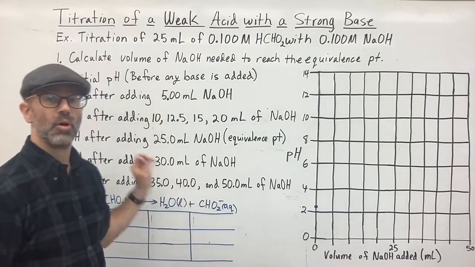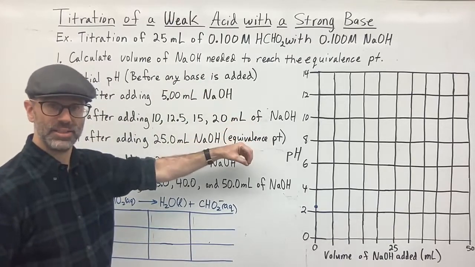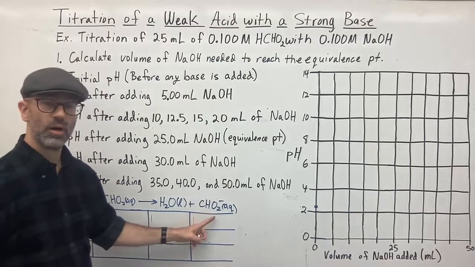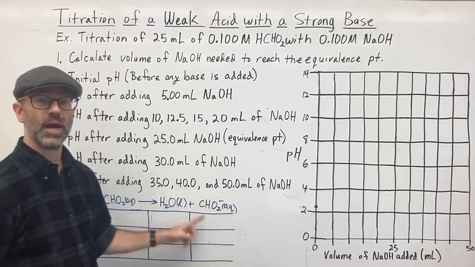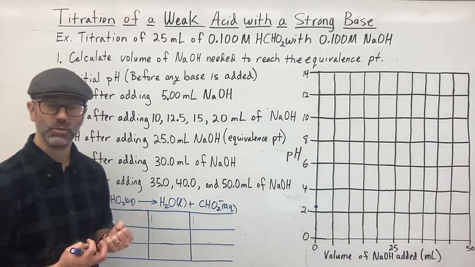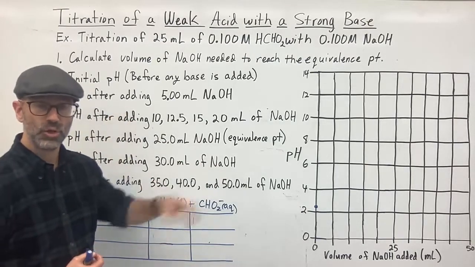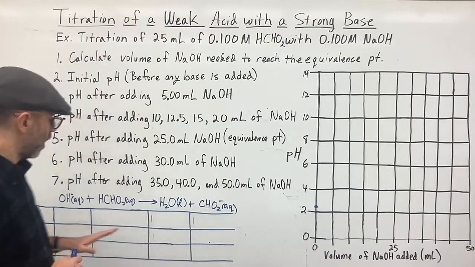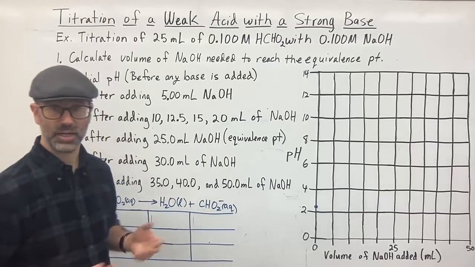But once we start adding the base to the acid, we are producing more of the conjugate base. And so now we're going to have some conjugate base in with the weak acid, and that's a buffer situation. So once you start adding base to your weak acid in your titration, at that point you've got a buffer situation going on. So you've got to treat it like a buffer situation.